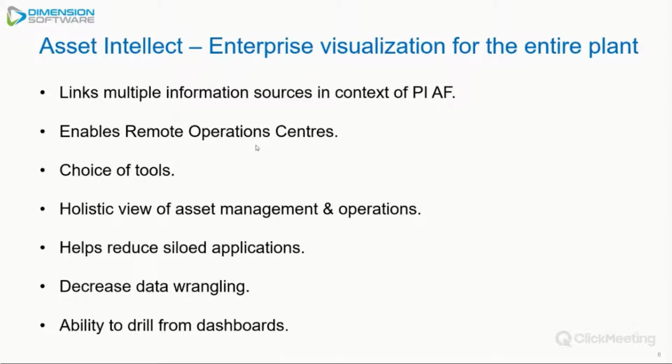Okay, so what Asset Intellect is about, it's actually using the Pi asset framework, the AF structure, to build out and go deeper inside the other sources of information, because OT doesn't just live in isolation. It's part of the whole IT business strategy for the organization.